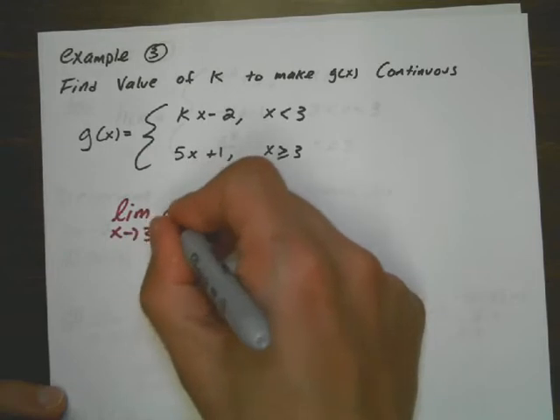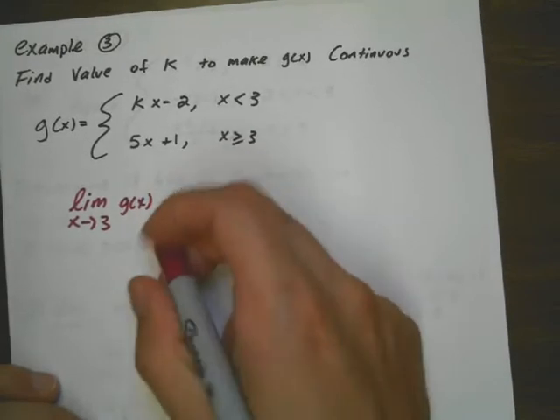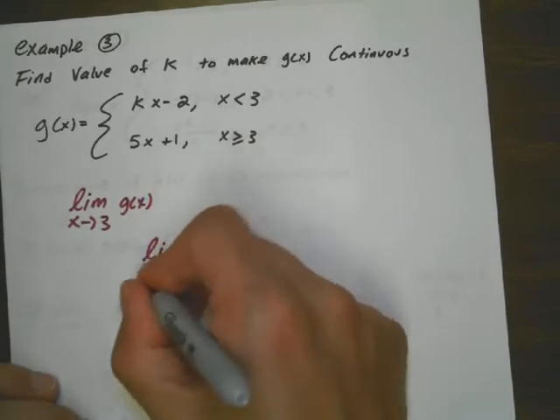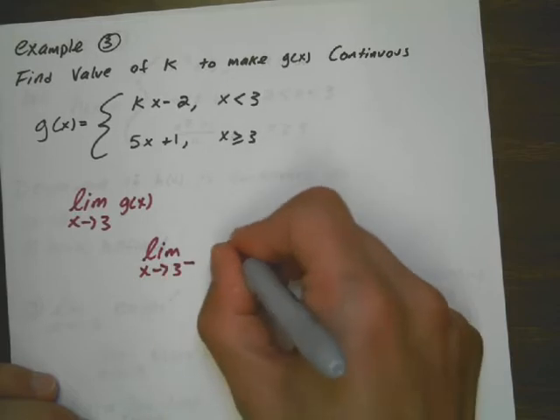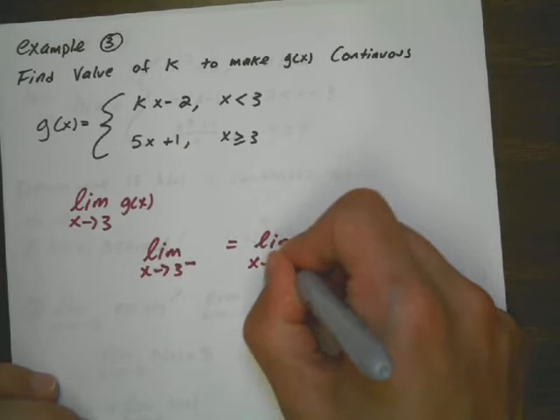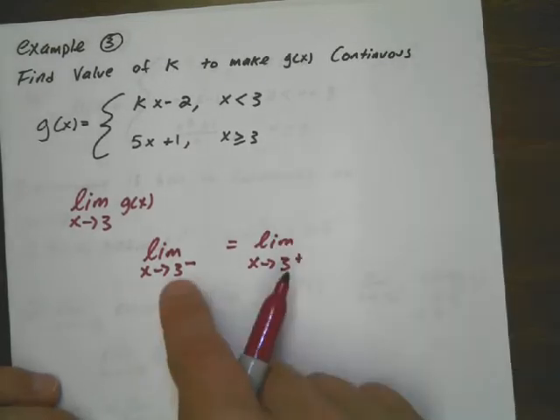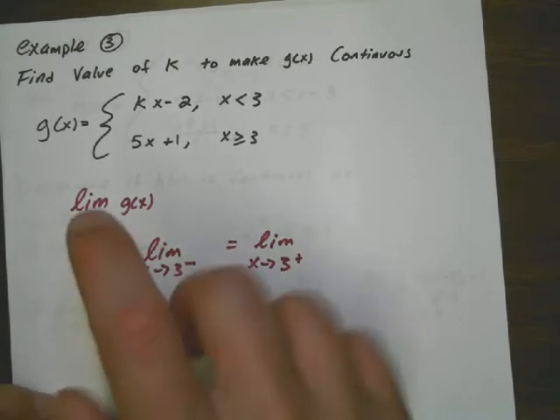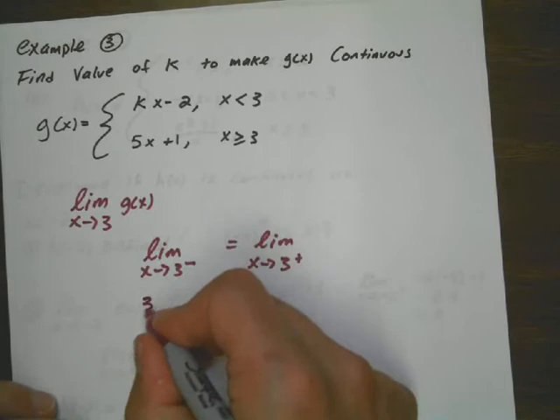Well, the limit existing at 3, because it's piecewise, means that the limit as x approaches 3 from the left has to equal the limit as x approaches 3 from the right. So if I plug in 3 from the left, it's going to be the top one. Now k is the unknown, so I don't know what k is.